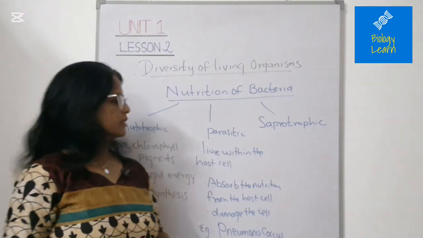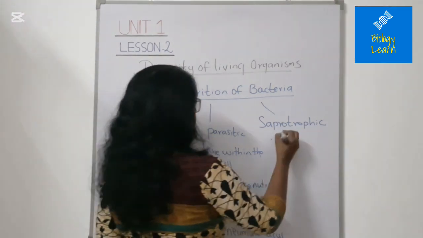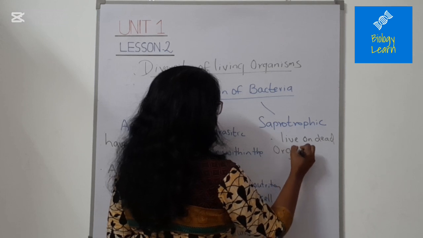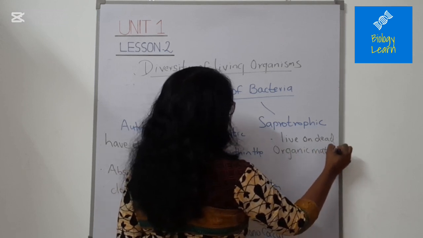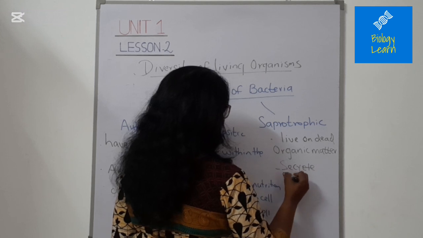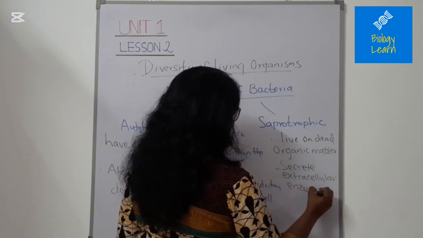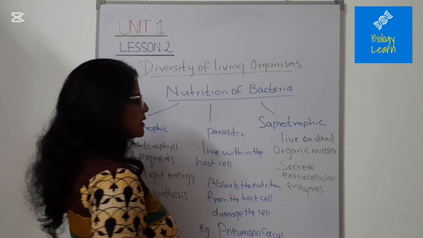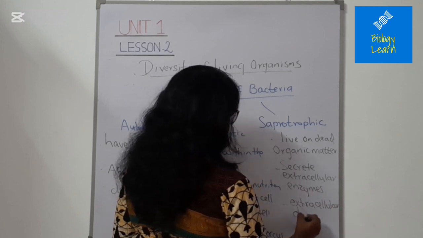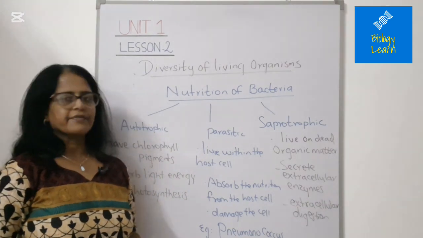What is saprotrophic nutrition? These types of bacteria live on dead organic matter. They secrete extracellular enzymes, extracellular digestion takes place, and finally they absorb the nutrition after digestion.